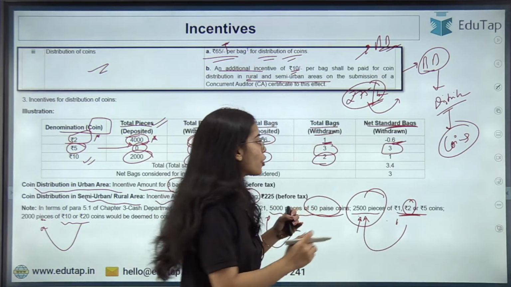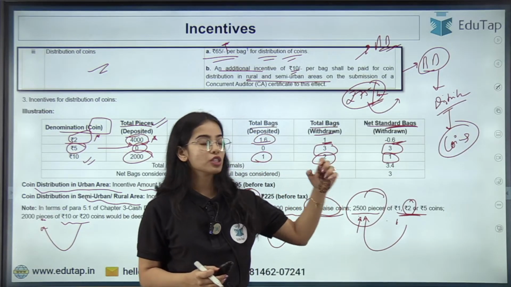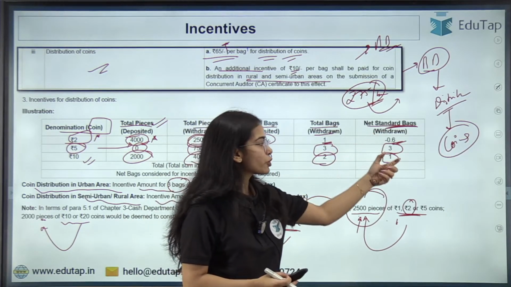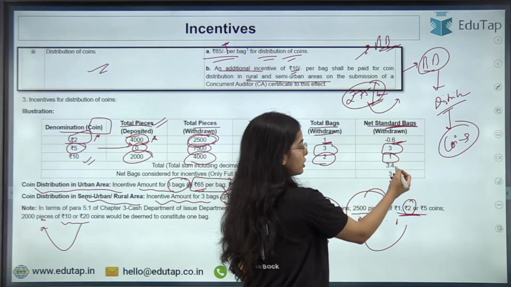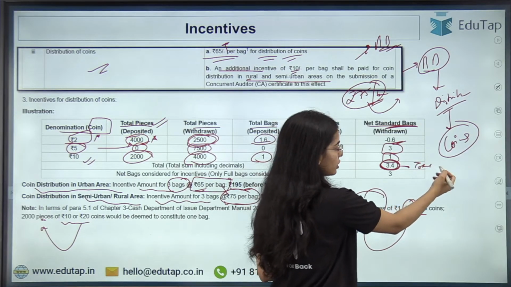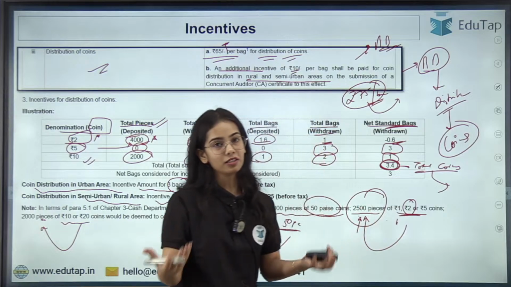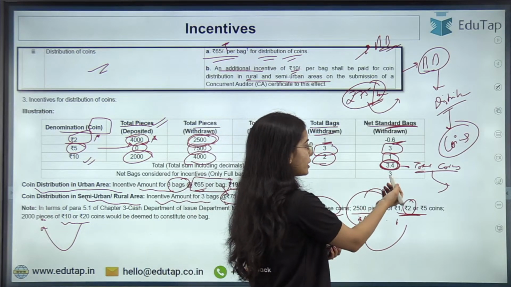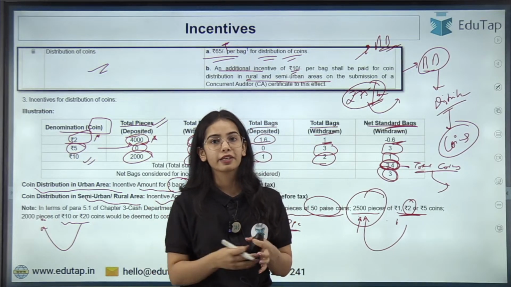So in total, how many bags are distributed by the bank branches? The total withdrawal of the coins that has happened is 3.4. This is the total coins that are withdrawn and distributed by the bank branches. So here the bags that will be counted for the incentive will be 3.